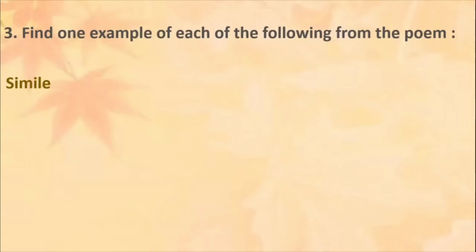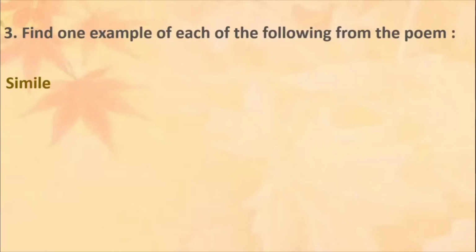Let me just tell you, simile and metaphor, these are used for comparing two things. And this is a poem which is based on comparison, isn't it? We are directly comparing or indirectly comparing a season, autumn, with a fair, young, tender girl. So you will find various examples of simile.